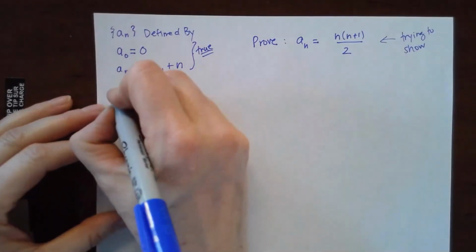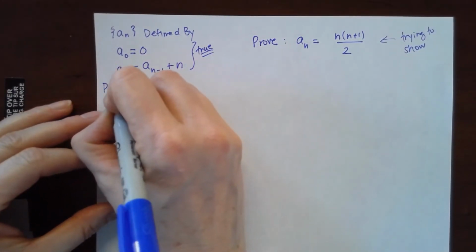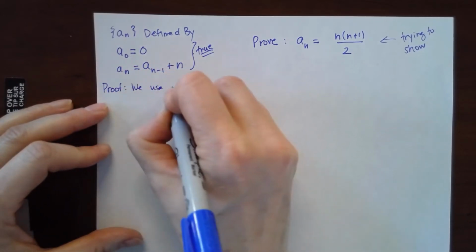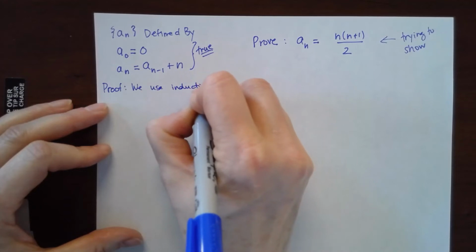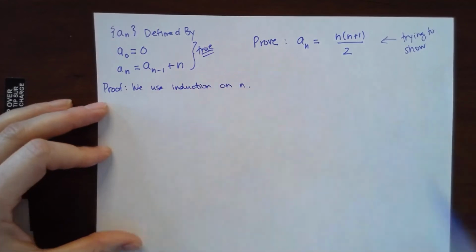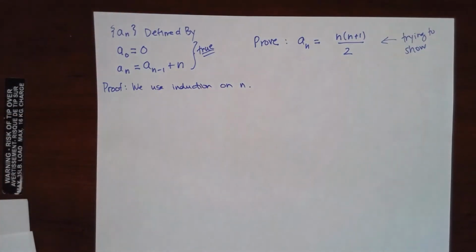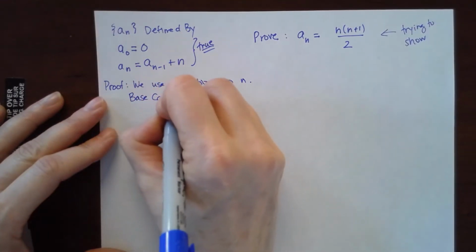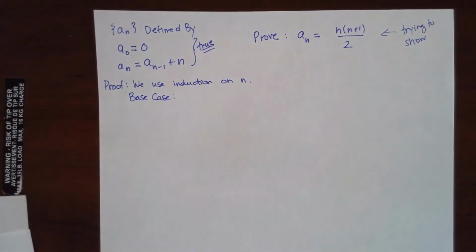If we use a proof by induction, where do we start every induction proof? Base case. What is our base case? 0.